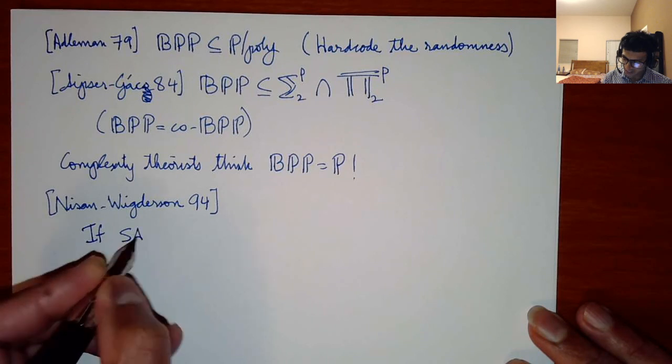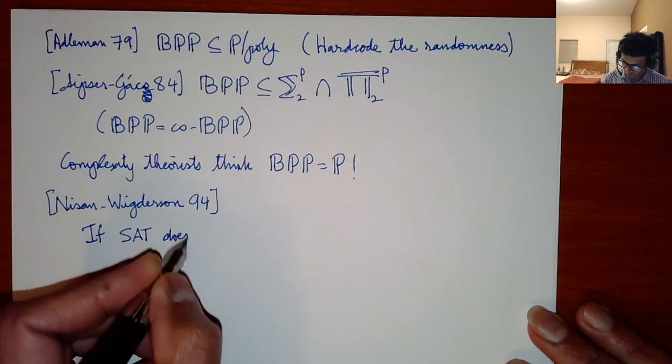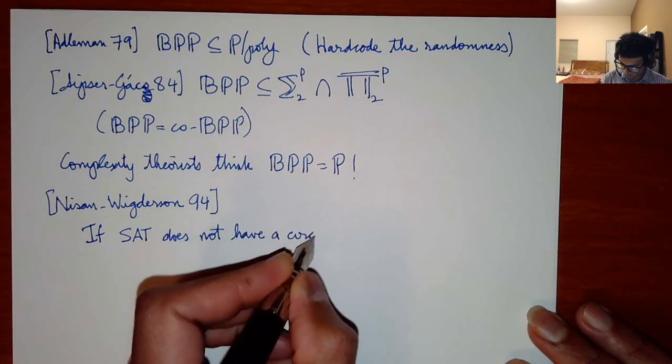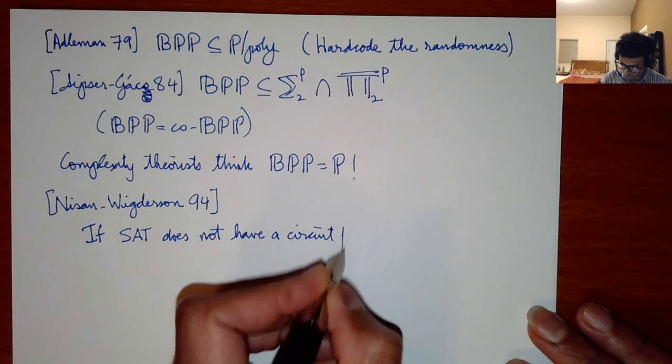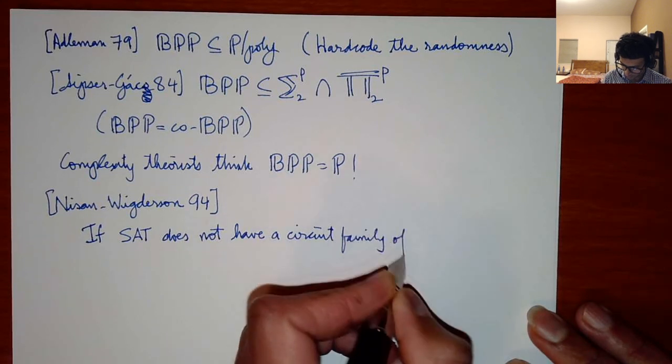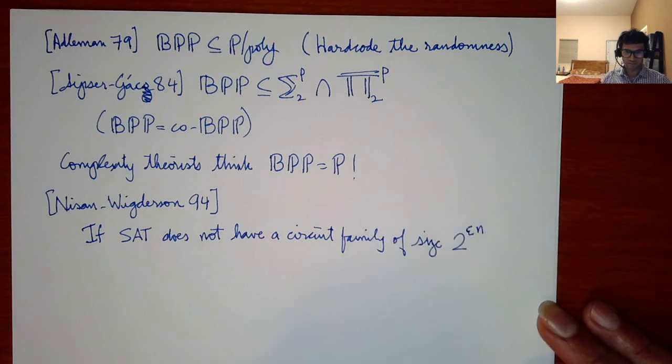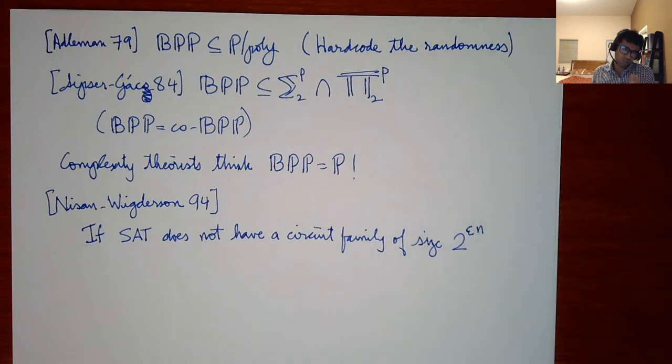So what they kind of said is, if SAT does not have a circuit family of size 2 to the epsilon n, so if SAT really needs an exponential size circuit family to solve, which is kind of what we believe. Their assumption is somewhat different from this, and in some cases it's actually weaker. They don't need to do it with SAT, they can do it with certain other languages, but let's not go there.